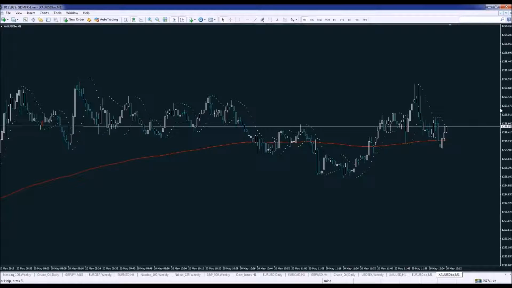However, let me remind you something about the parabolic support and resistance as a technical indicator: given the nature of it, it's used by many traders to determine the direction of a particular instrument.